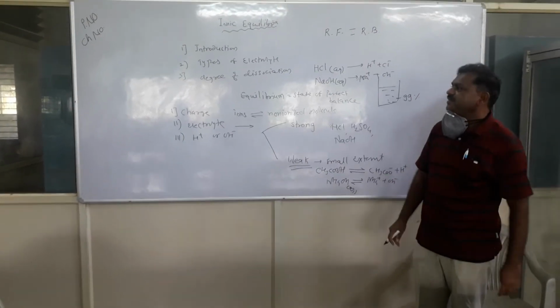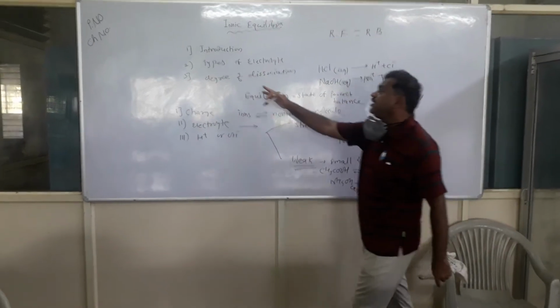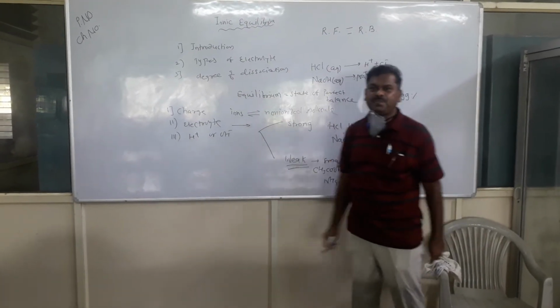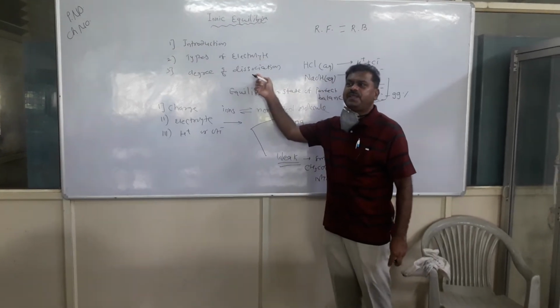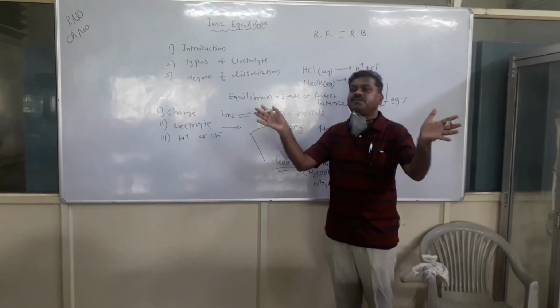Then another one, the third point, is the degree of dissociation. Degree can be small, and dissociation is a separation.